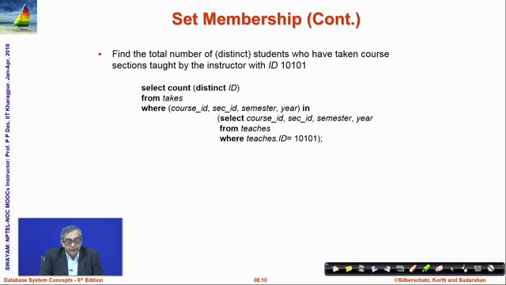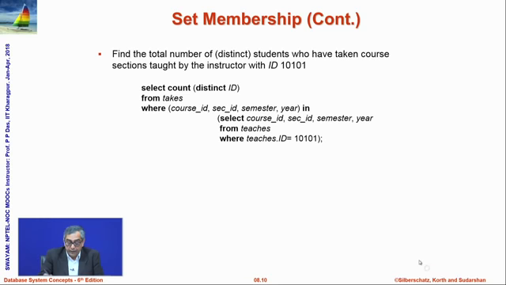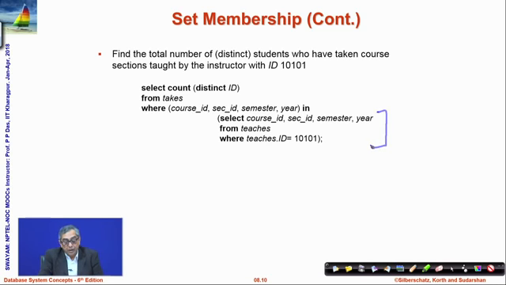Next, find the total number of distinct students who have taken a course section taught by the instructor with a given ID. So, again we form a nested query. Here is a nested query which tells me the courses taught by this particular teacher, 10101, and then we check set membership in terms of course ID and section ID, that is, fields of the takes relation, to see whether that particular tuple can exist in the courses offered by the specific teacher.